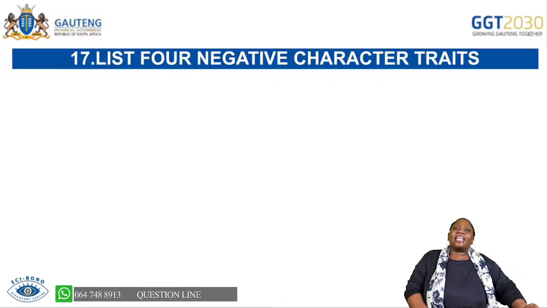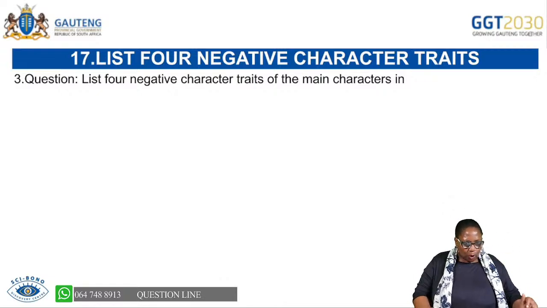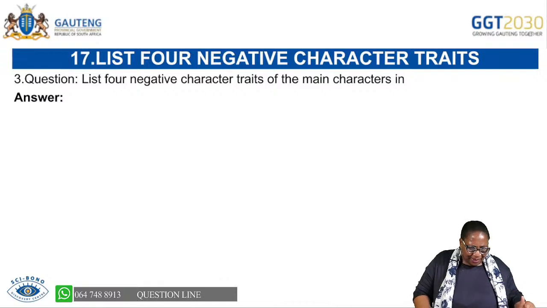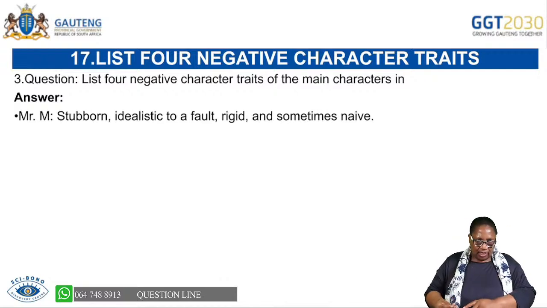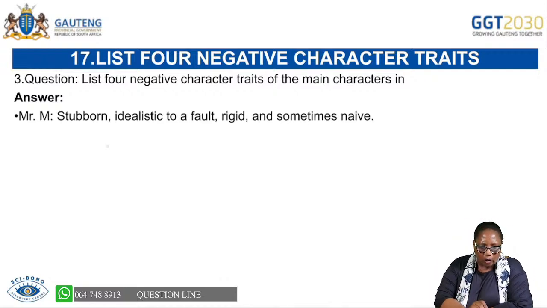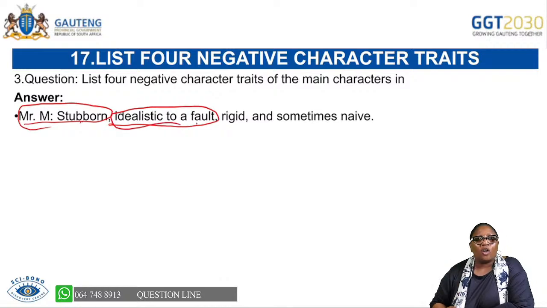Let's check the negative character traits of these main characters. Let's go. You've written them down? Mr. M, of course, is stubborn. He is idealistic to the fault.